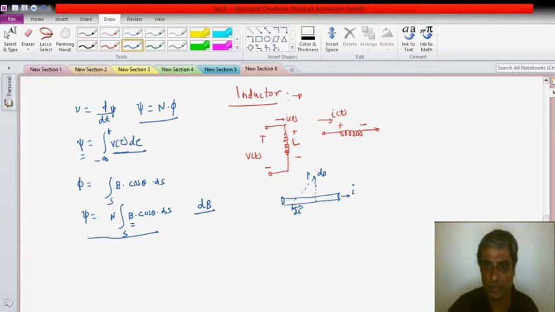So with this I will get some angle, let me call this angle alpha, and suppose this distance is r.